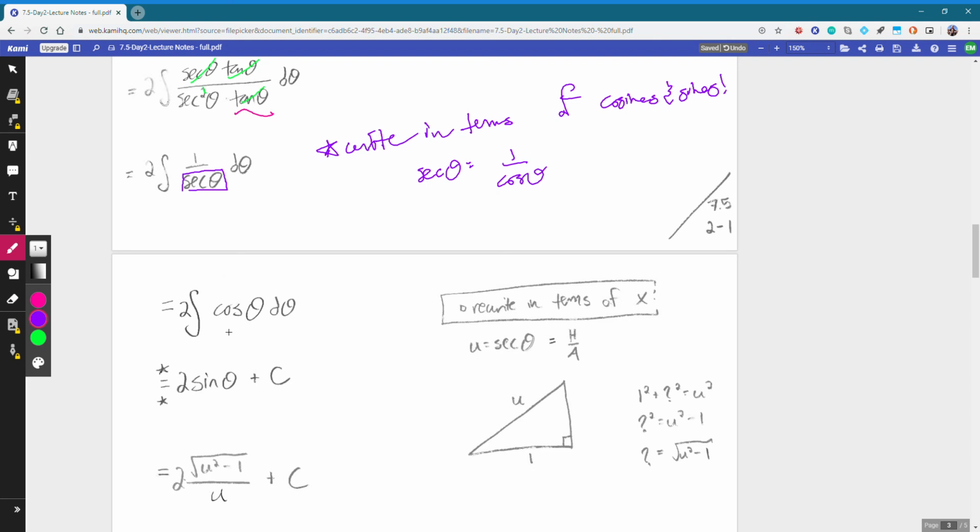And that is an antiderivative that we know.